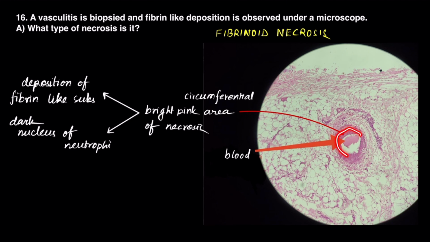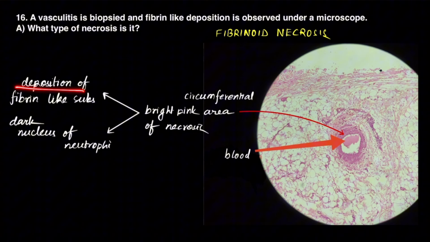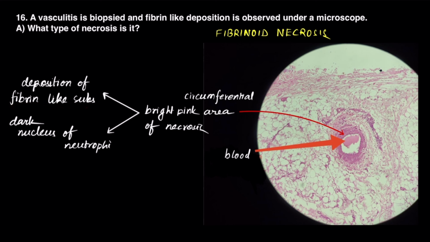You can see this circumferential bright pink area of necrosis in the tunica media of the blood vessel, and this circular bright pink area contains deposition of fibrin-like substance and dark nuclei of neutrophils, and inside the blood vessel is obviously the blood.